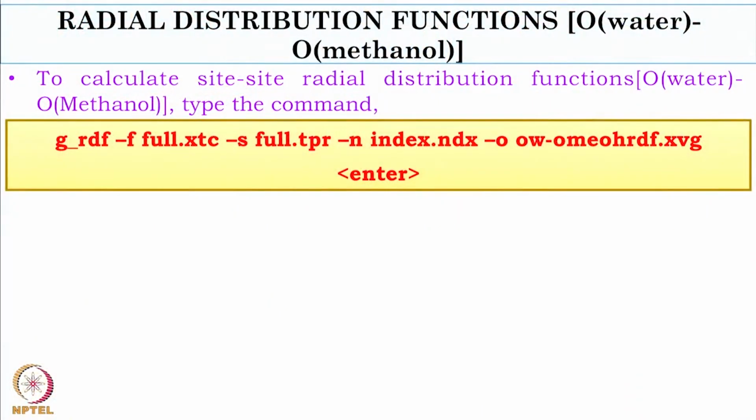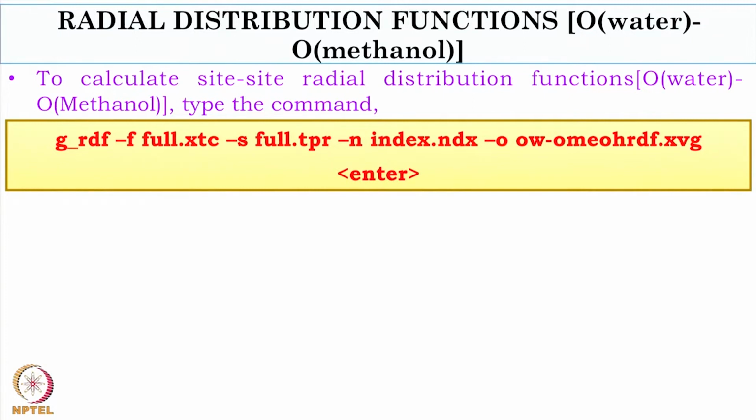Okay. So coming back to the radial distribution function, we are calculating between the oxygen site of water and oxygen of methanol. So we'll use the same command g_rdf, and the XTC, TPR and index files are the input to calculate the radial distribution function. This is exactly the same as the commands earlier for water. Then -o and whatever output file name you want to give.